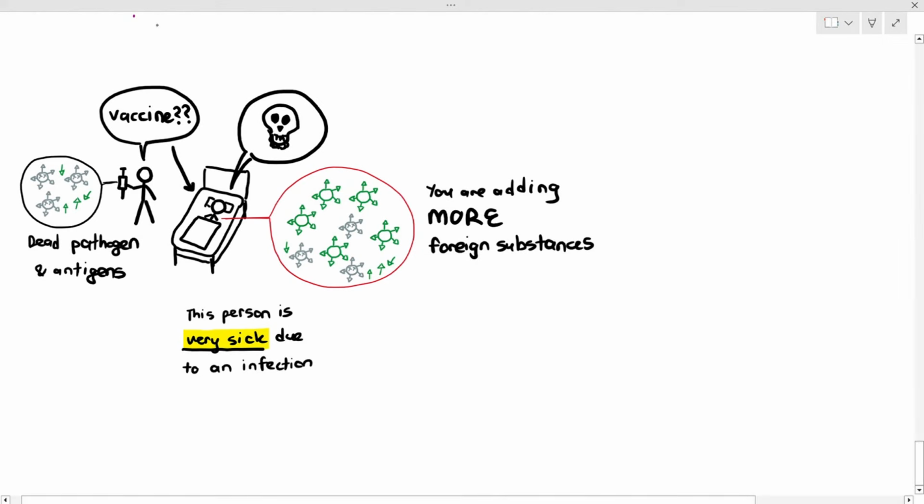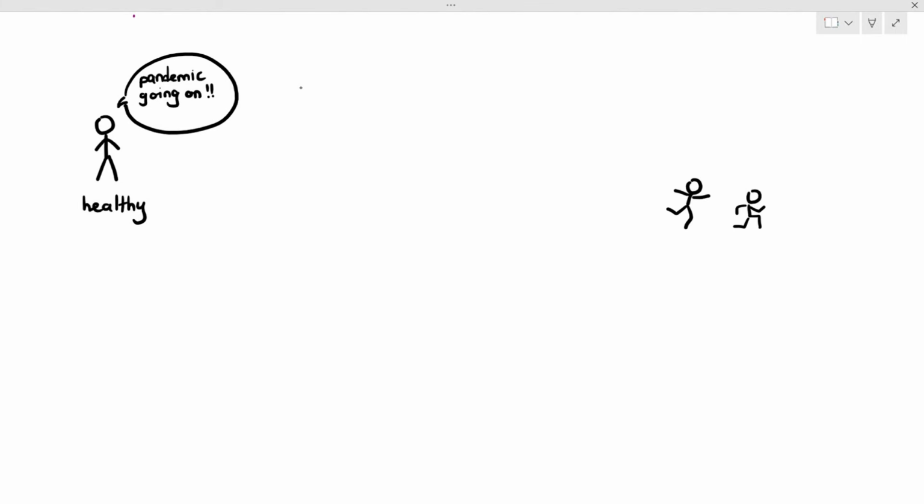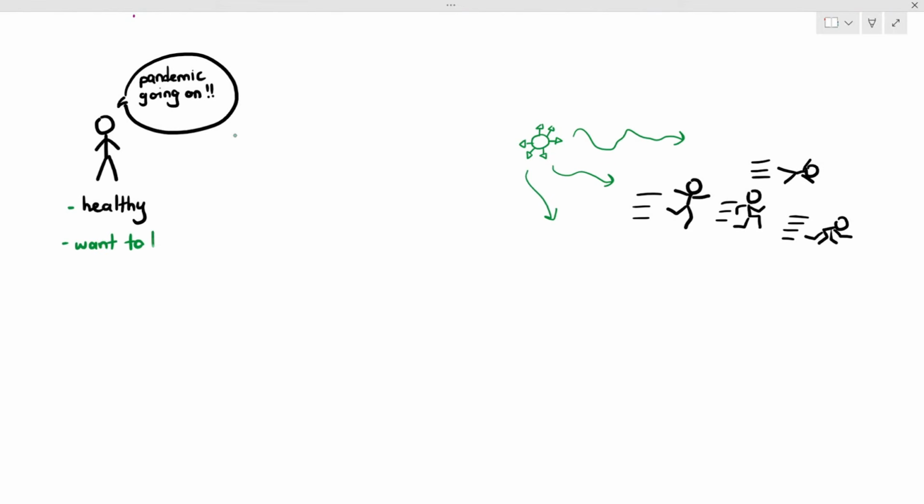So in a healthy person, for example, let's say this person is healthy, but there's a pandemic going on. They want to be protected from the pathogen. As you can see, the pathogen over there is infecting many people, and those people are running away from the pathogen. So this person over here is healthy. They have not gotten sick yet, but they want to be protected from that particular pathogen.